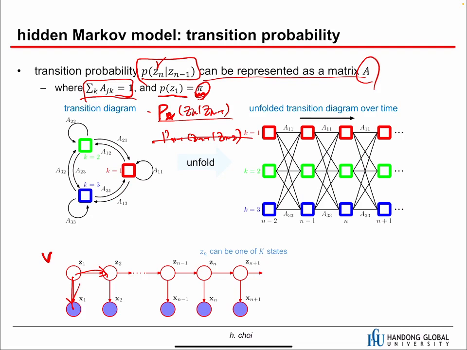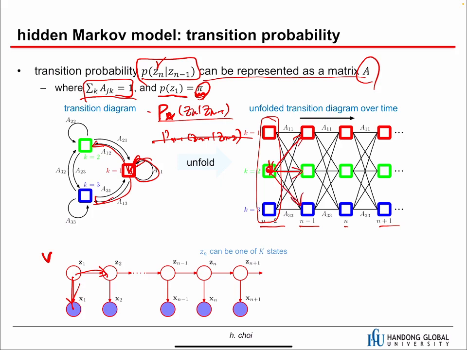We can have a transition diagram like this when we have three states. From state 1, we can move to state 2 or state 3, or we can stay there. Or we can unfold this graph so that we have n-2, n-1, and n+1. At every time step, we have three possible states, and we choose one. For example, at n-2, if we are at state 2, from here we can move to the first, second, or third state.